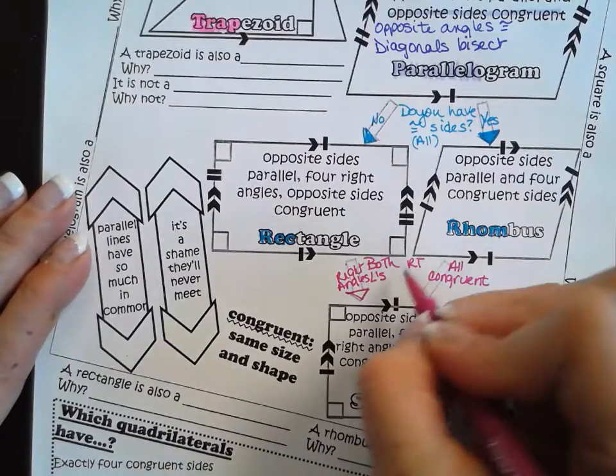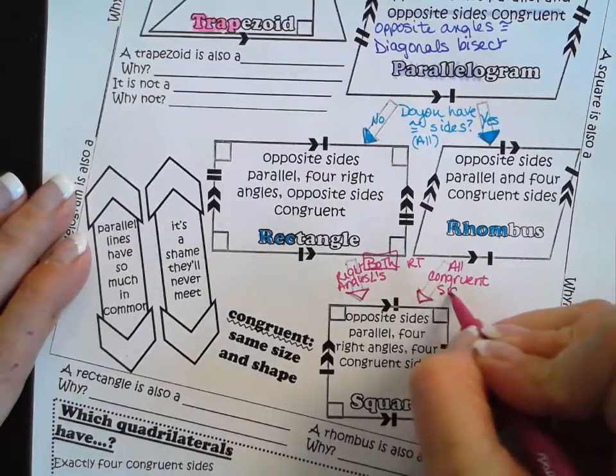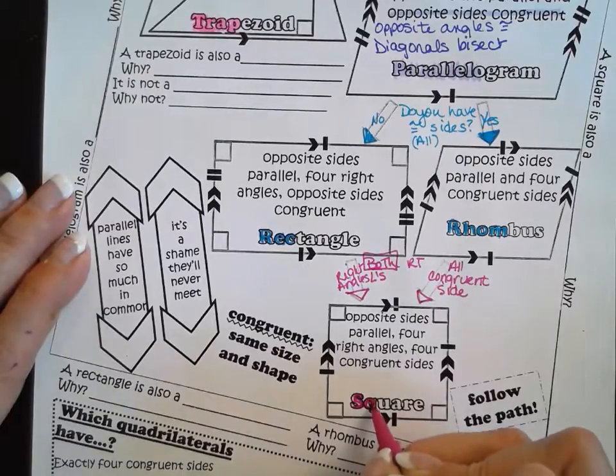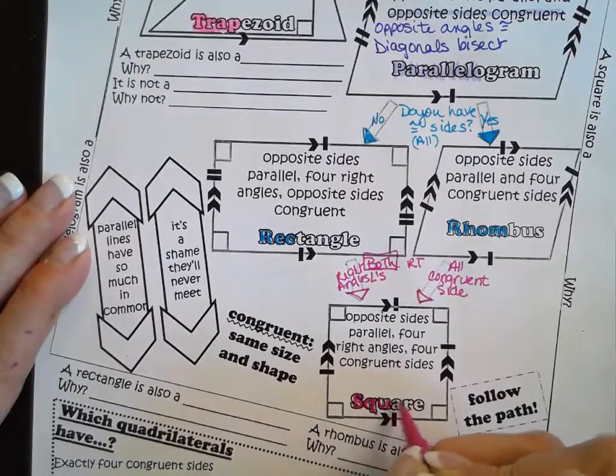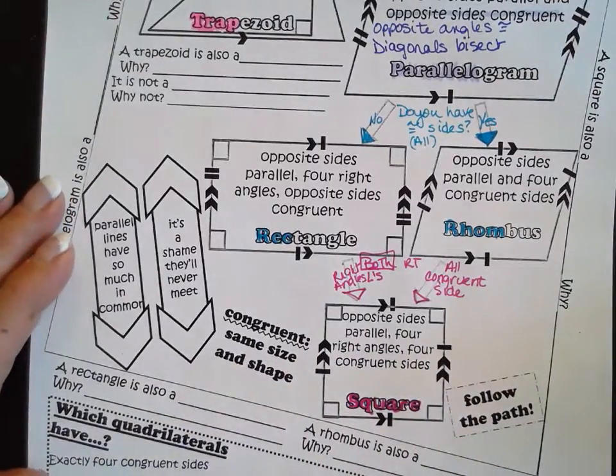If I have both, that makes me the final square. Okay.